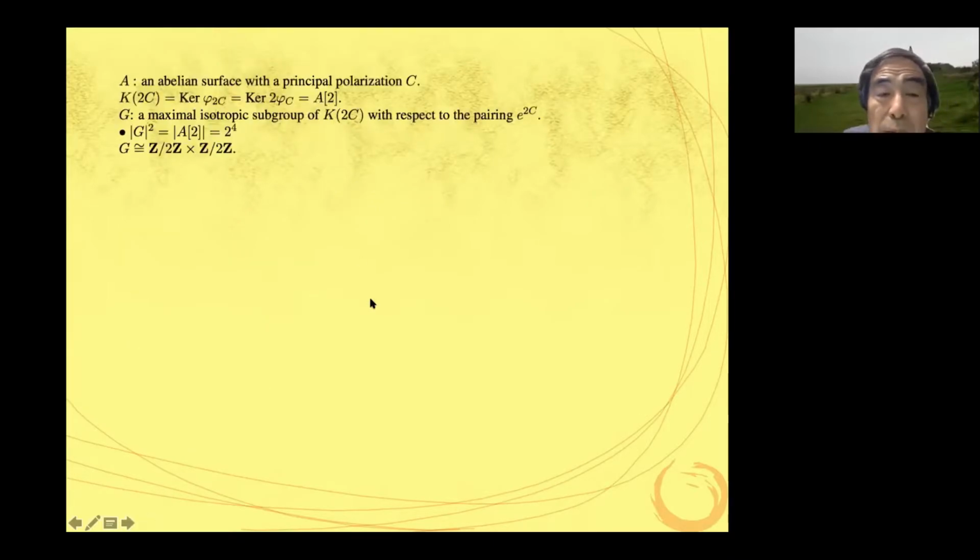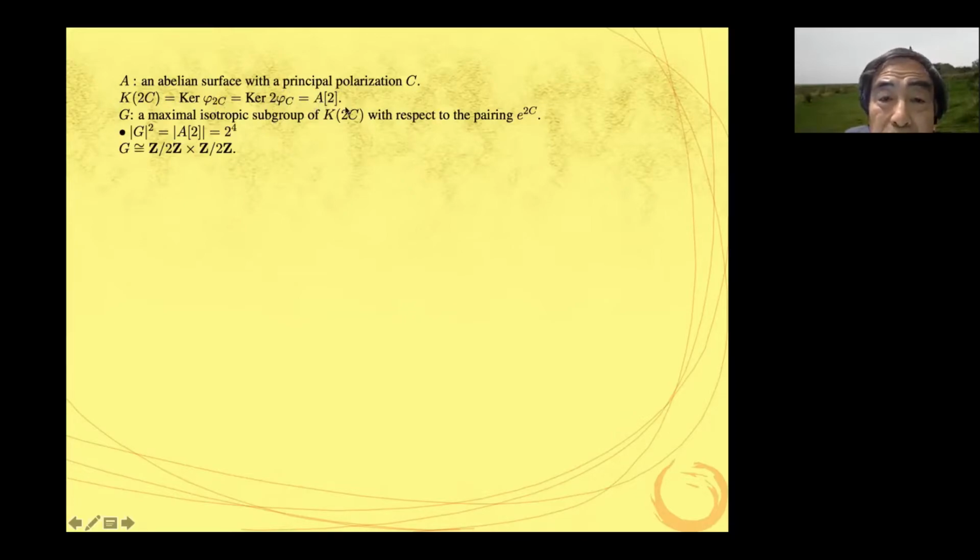And we apply this theory to our case. A is an abelian surface with principal polarization C, and we consider 2 times C. Then this is the kernel of 2 times phi C. Since C is a principal polarization, this one is an isomorphism, so the kernel is trivial.